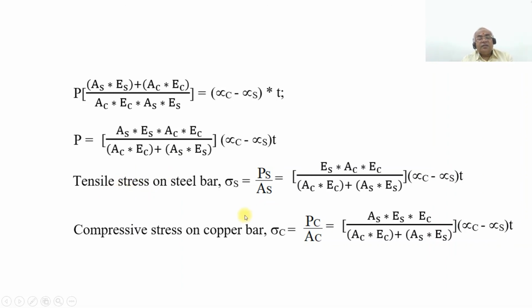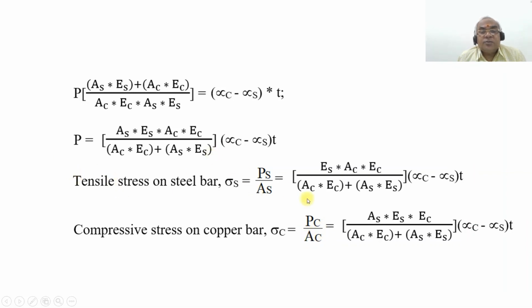So what is the tensile stress on the steel bar? The tensile stress in the steel bar, sigma S, will be equal to PS by AS, which will be equal to ES into AC into EC, divided by AC into EC plus AS into ES, into alpha C minus alpha S into T. Similarly, the compressive stress in the copper bar, sigma C, is equal to PC by AC.